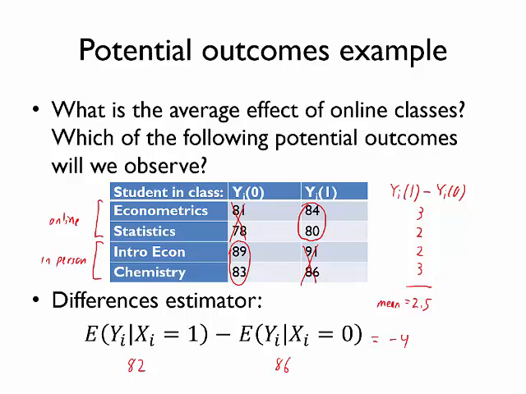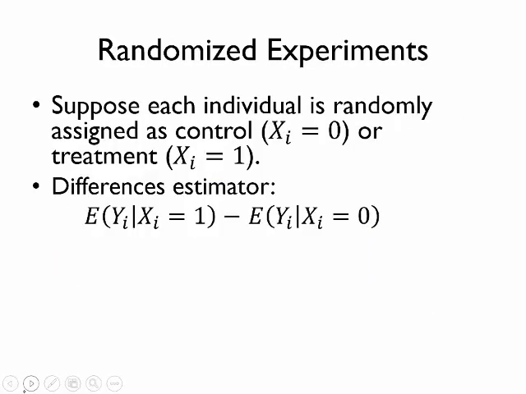We've just highlighted a number of concerns about the differences estimator, in particular when we use observational data. When I say observational data, I mean that we are simply going to some situation that's already happened and collecting data on that. However, there are some situations where the differences estimator is actually quite useful. In particular, when we have a randomized experiment, that differences estimator, we'll see shortly, is going to be much more effective.